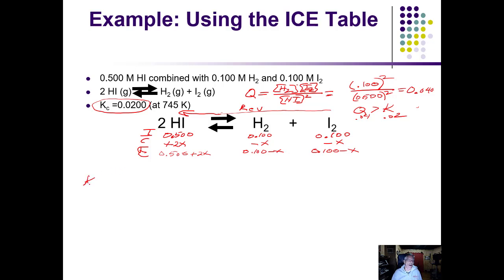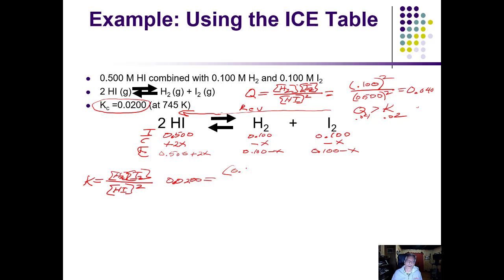So my equilibrium constant expression is K is equal to H2 times I2 divided by the concentration of HI squared. Okay, now I'm just going to plug in the variables. And so in this case, I've got a K value of 0.0200, and that's going to equal my numerator, which are my two products over here, 0.100 minus x times 0.100 minus x.